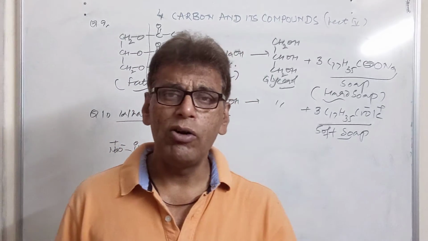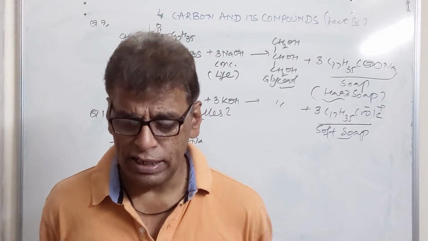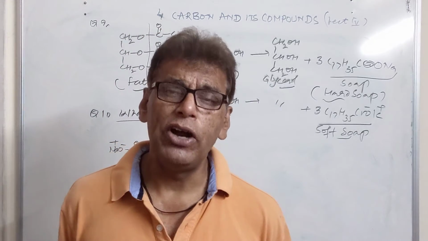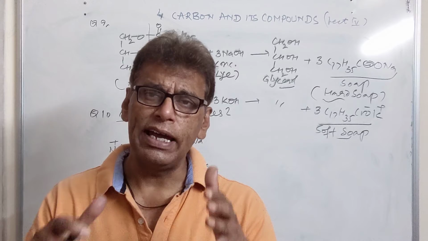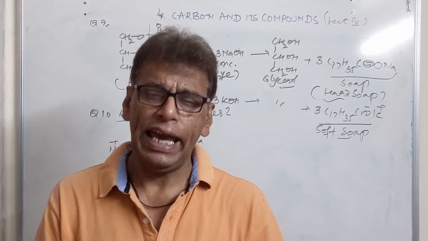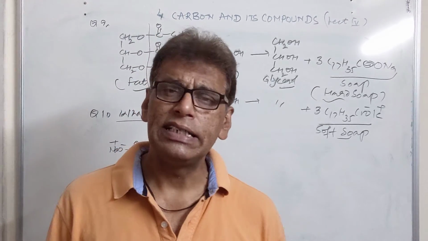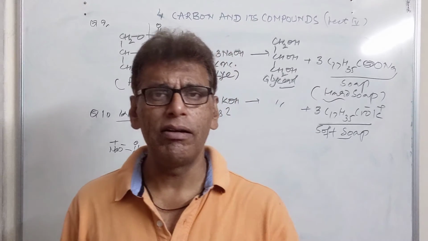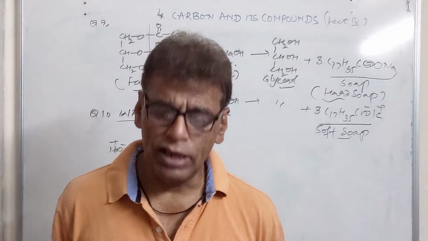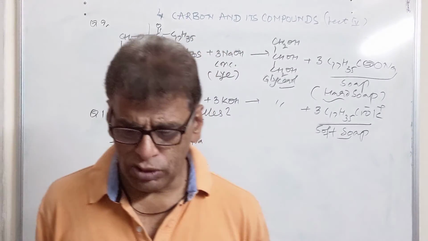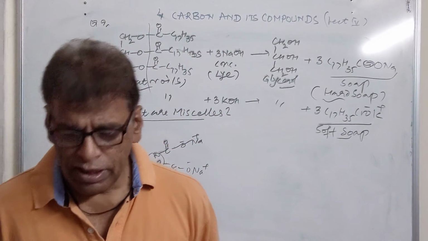Similarly, the biodegradability of branched chain detergents is less compared to straight chain detergents, because bacteria can easily enter the cages produced by straight chain detergents, but they cannot enter those cages where the branched chain molecules are present, so they are not biodegraded at all.